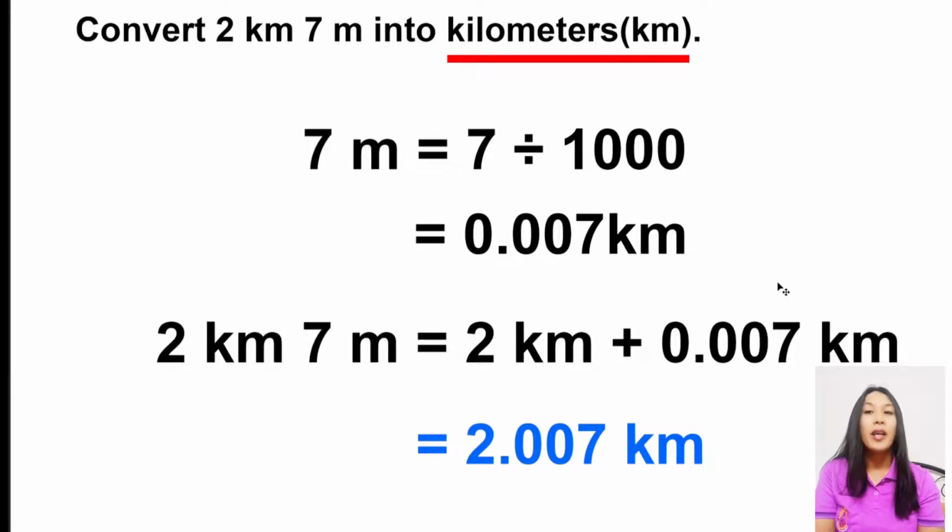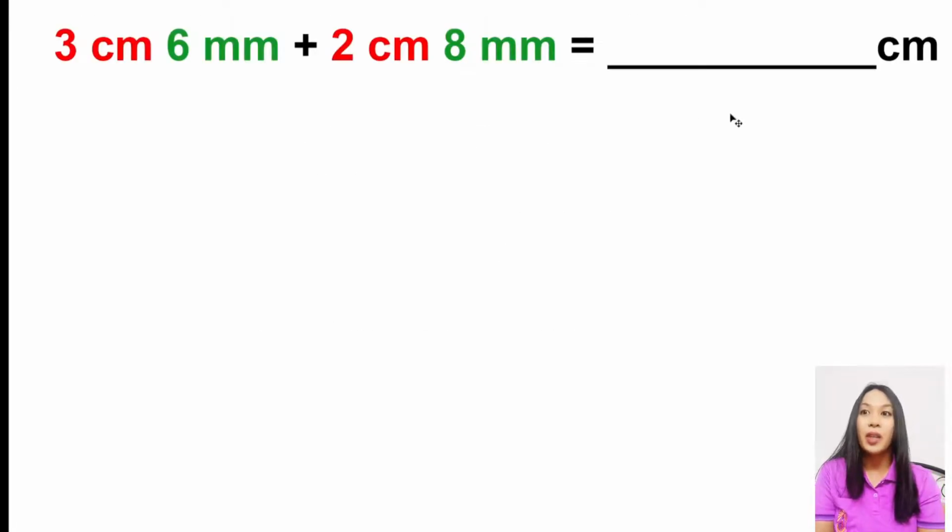It means that if you convert 2 kilometers and 7 meters into kilometers, it is equivalent to 2.007 kilometers. Let us proceed to addition.